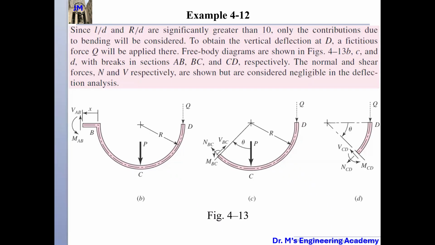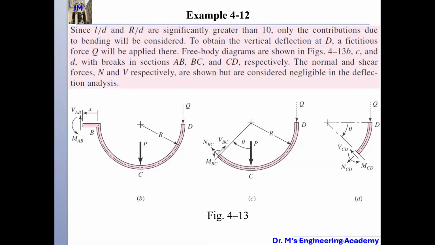Questions? No question? Let's look at segment 3. For segment 3 here, you can see this is a free-body diagram, and still we have the theta. The theta is from 0 to here, and this theta equals half pi.